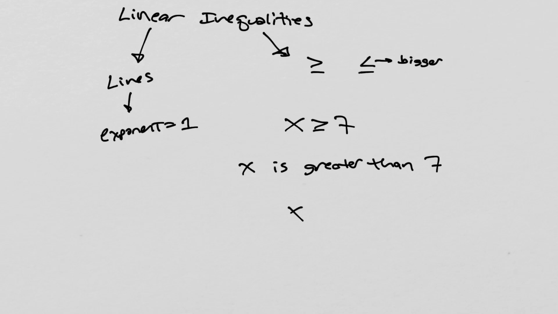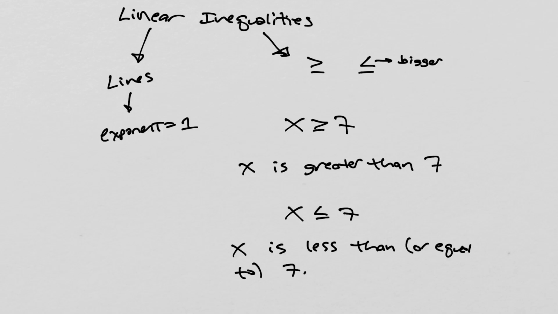Or if I wrote this, I would say x is less than, and I guess technically, or equal to 7, right? Same thing for this first one. It really should have been less than or greater than or equal to.